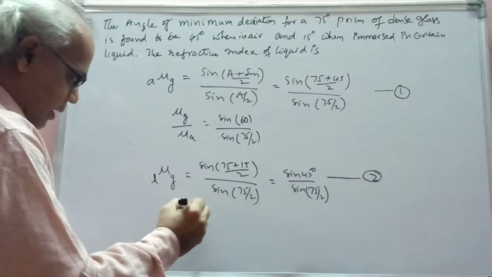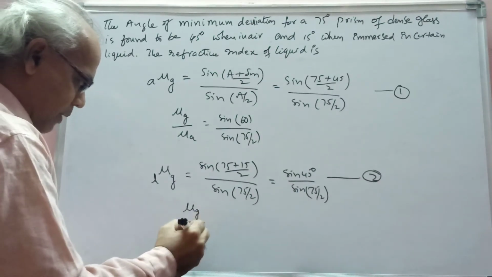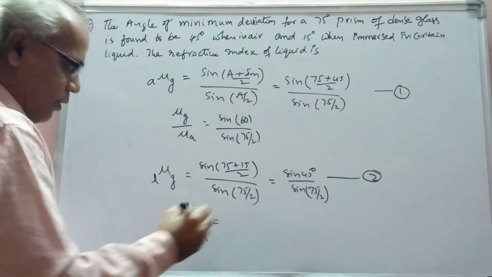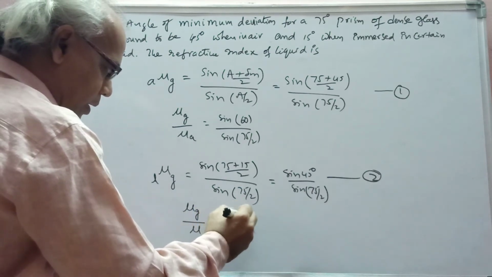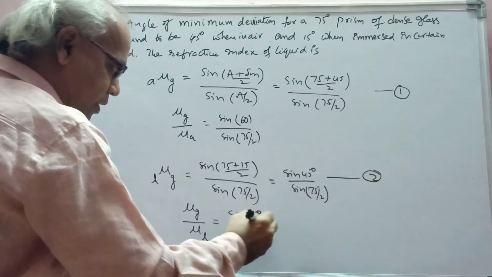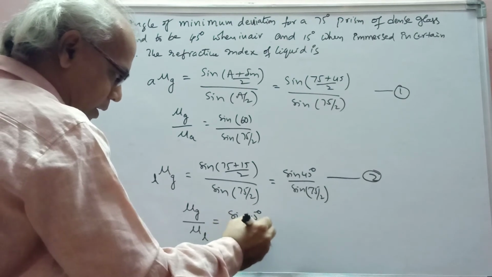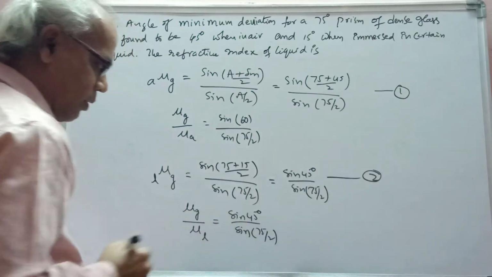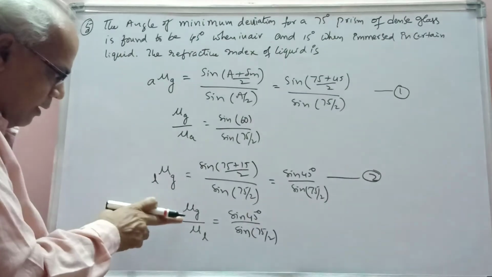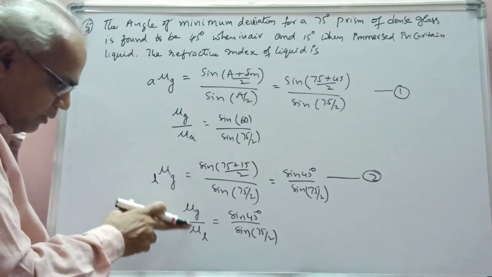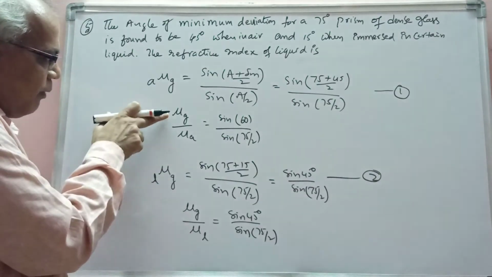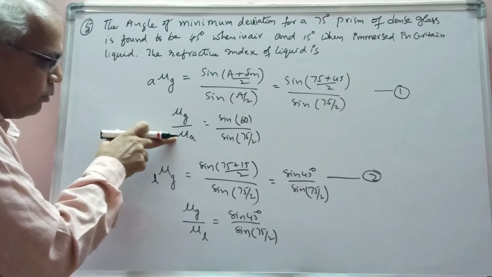It can also be written as mu G by mu L is equal to sin 45 degree by sin 75 by 2. Here is the refractive index of glass with respect to liquid, and earlier the refractive index of glass with respect to air.